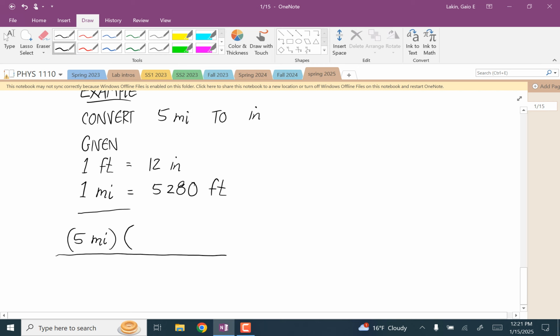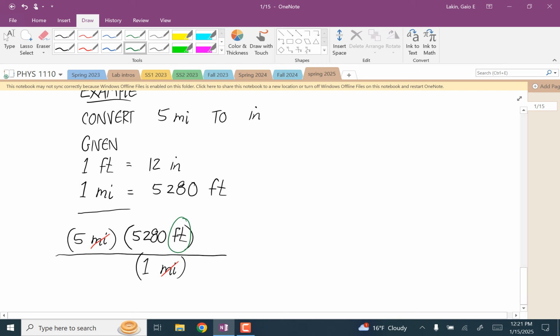So I'm going to multiply by 5,280 feet over 1 mile. And if you want to keep track of where we are as you go, you can see that these cancel. And now we have feet as our unit.